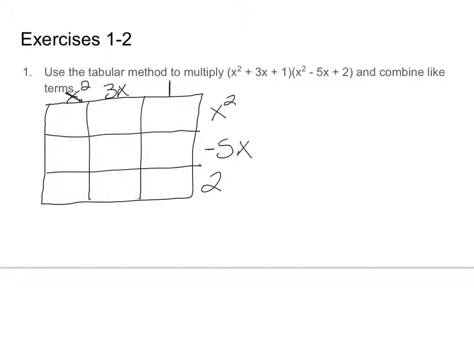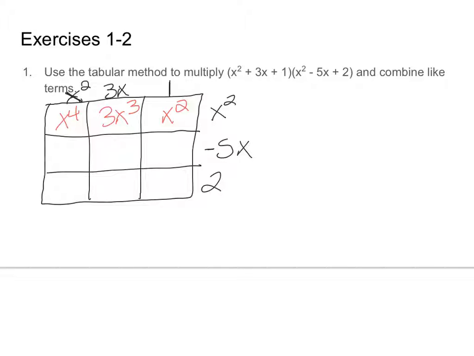Now I'm going to go into this block, multiply the x squared and the x squared. That gives me x to the fourth. Next, I'll multiply 3x and x squared: 3x cubed. Okay, 1 times x squared. Then I'm moving down to the next row.